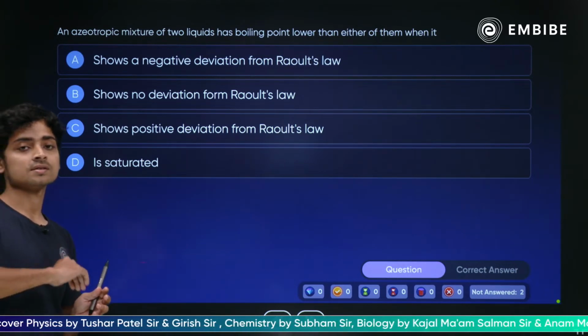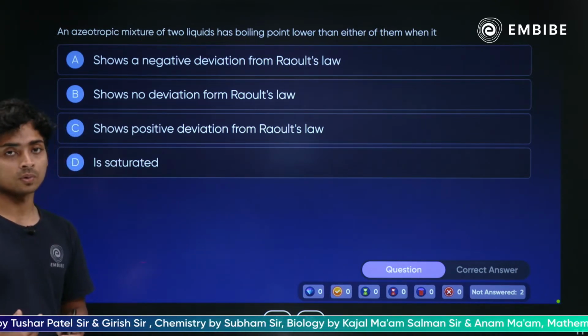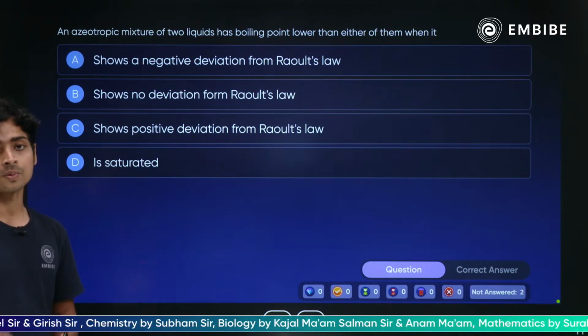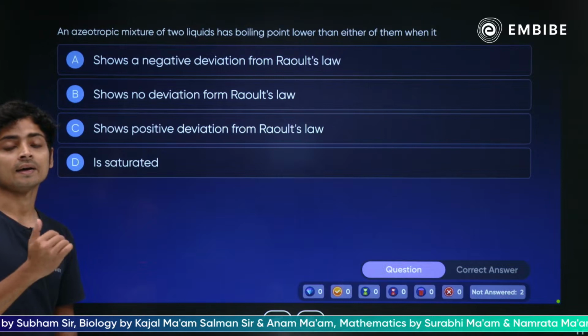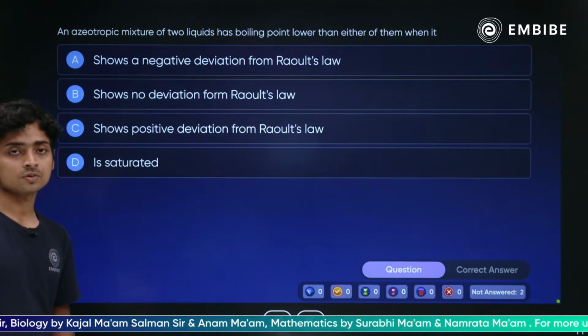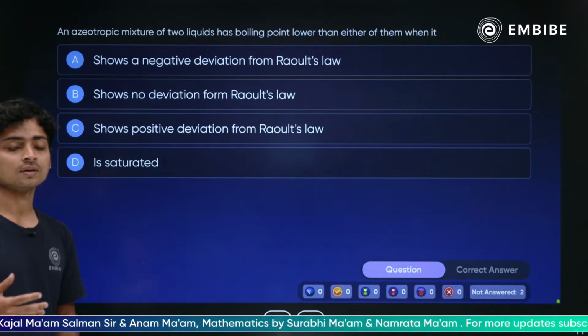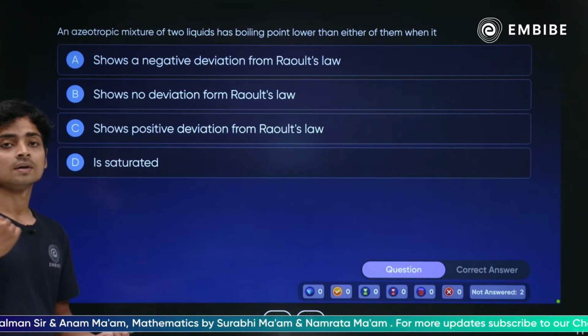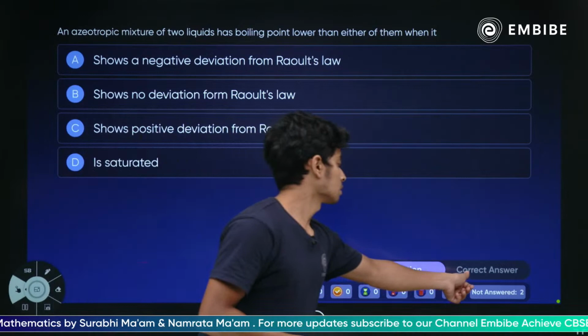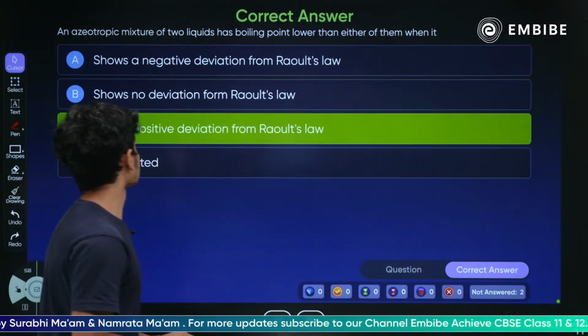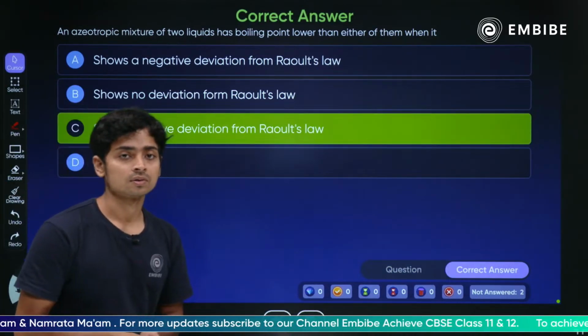So a liquid which has a higher vapor pressure will be easier to boil, so it will have a lower boiling point. Opposite will be your negative deviation, it will have a higher boiling point, because total pressure will be lower than the actual pressure calculated by Raoult's law. So option C is correct, shows positive deviation from Raoult's law.